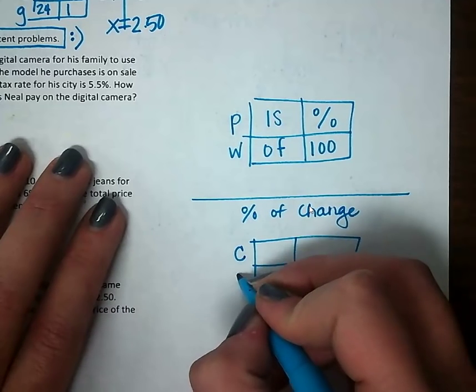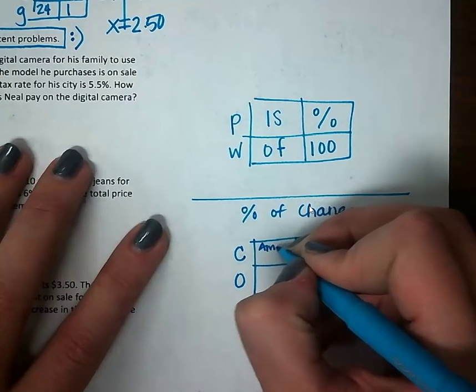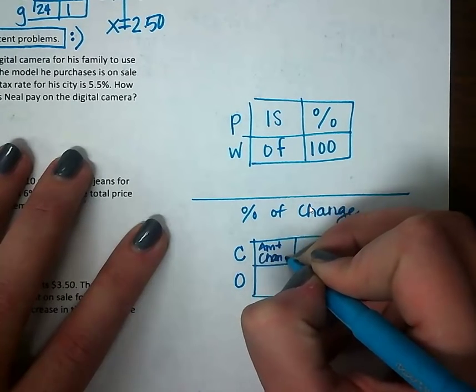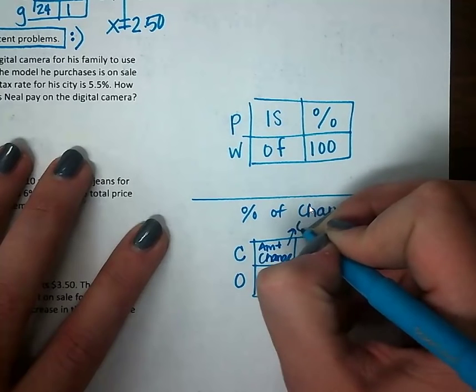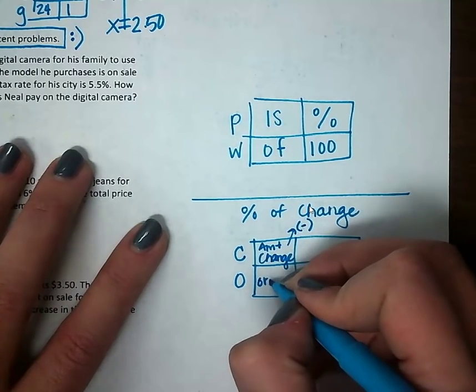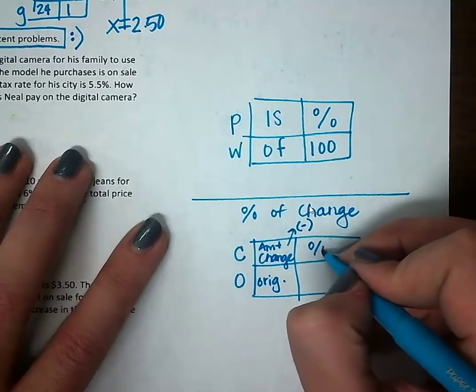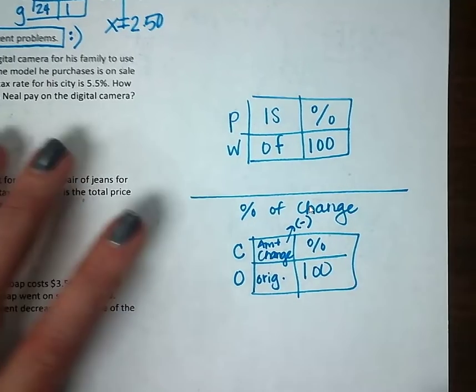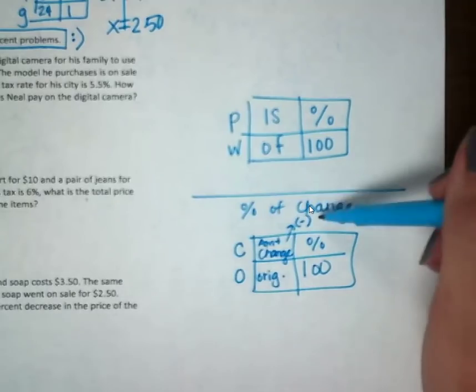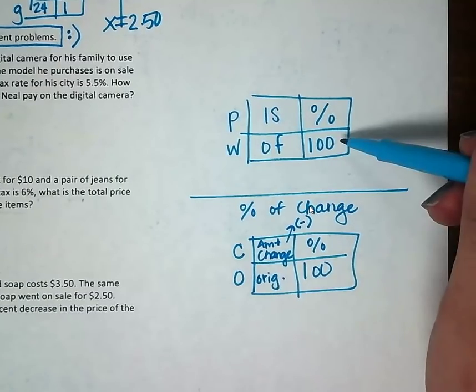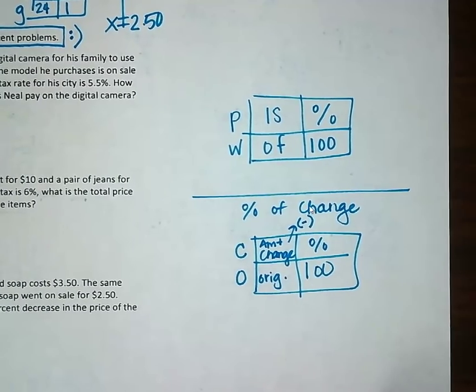It's change over original. So this is the amount of change. And to do that, we have to do some subtraction. And this is original amount. And percent is still a number out of 100. So we have to decide, are we finding just regular percent of a number, or are we finding amount of change?